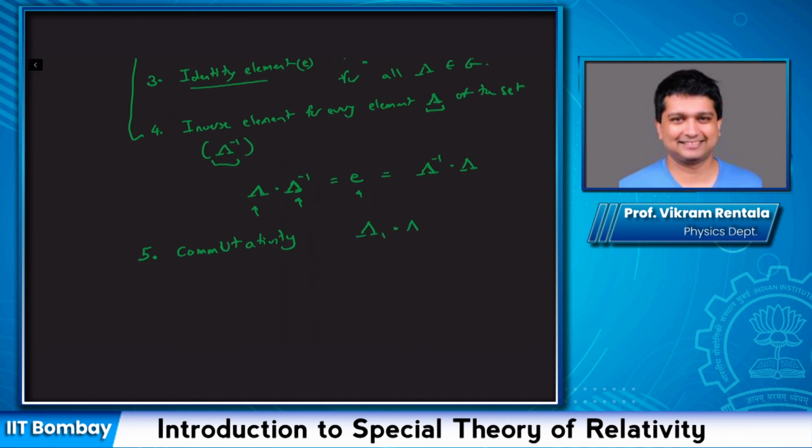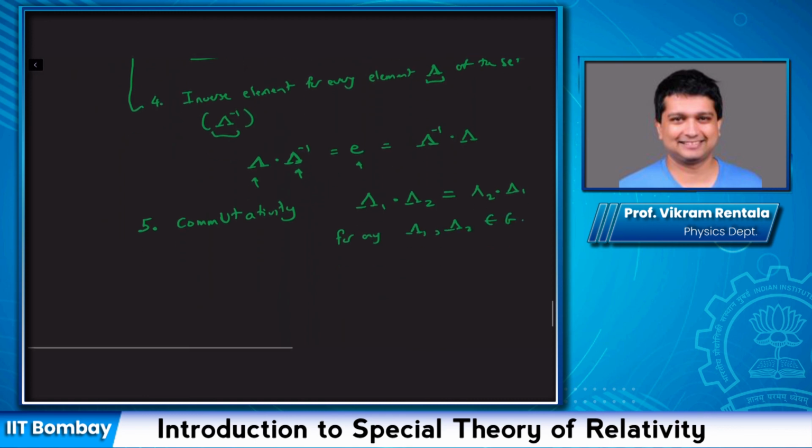That is, if I take two elements, lambda 1 and lambda 2, if lambda 1 dot lambda 2 is the same as lambda 2 dot lambda 1 for any lambda 1, lambda 2 belonging to G, then the group operation is said to be commutative, and the group is called abelian.